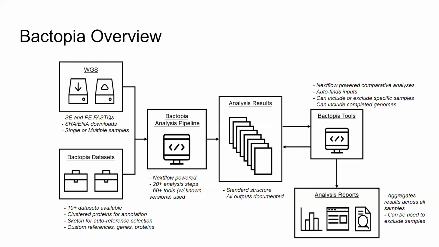This is useful because then all your genomes will be annotated with the same set of genes, which are reflective of the species that you're currently looking at. It'll also create a sketch of those RefSeq genomes that it downloaded for automatic reference selection, if you want to just call variants against the closest genome.